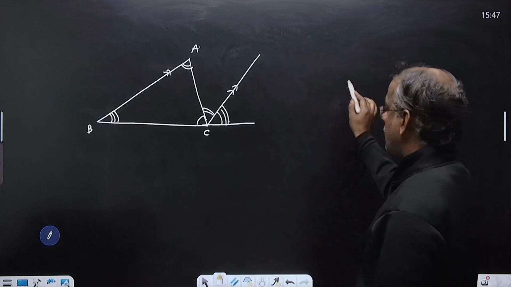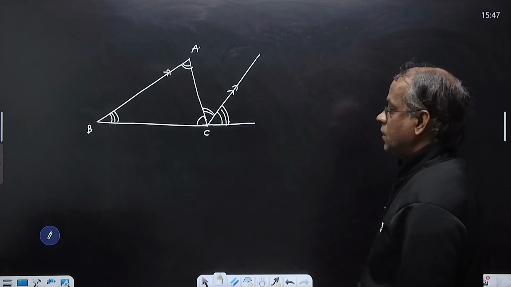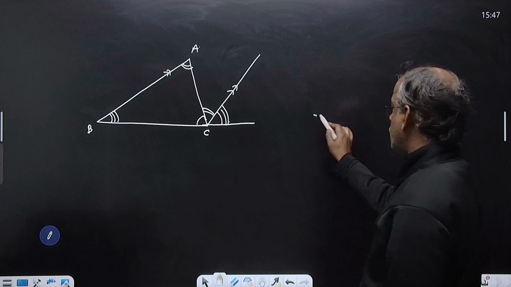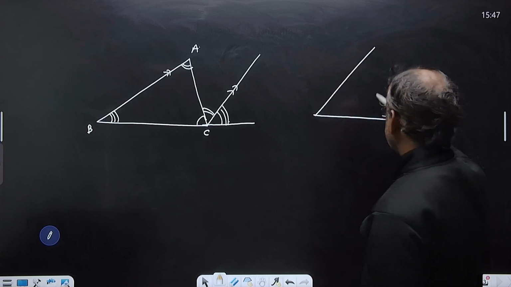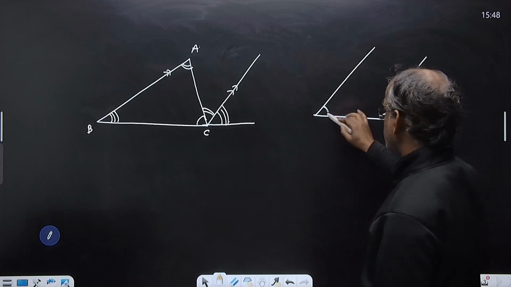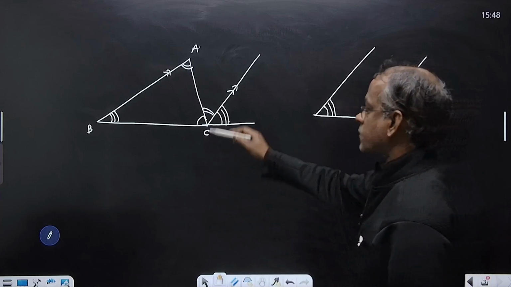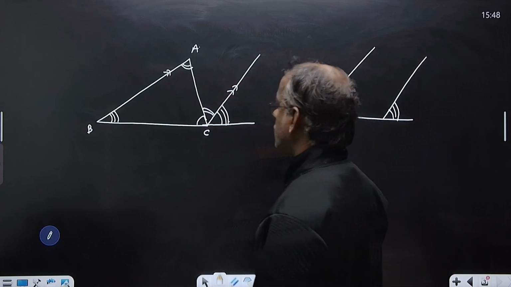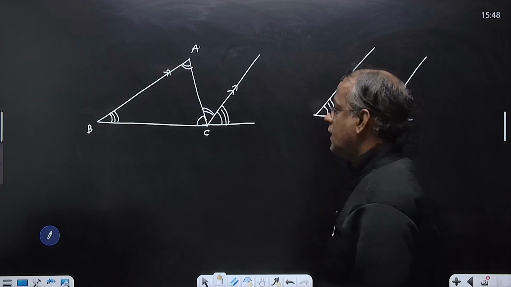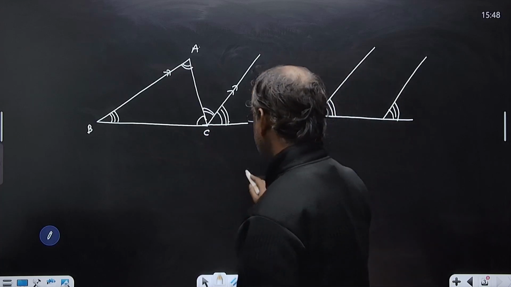Just look at it like this, suppose. Just don't look at the third side. And similarly for here, you can say that you don't draw this line.